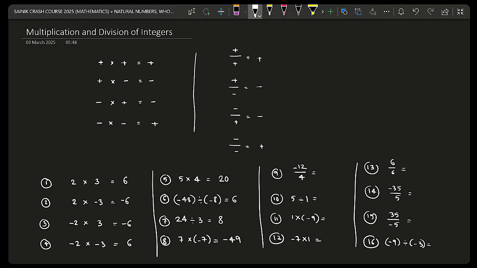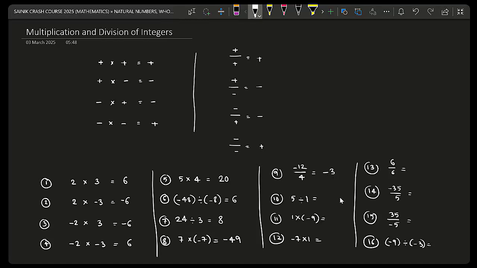Rishikesh, can you give the answer to the next questions? Yes, sir. Minus 12 divided by 4: minus by plus is equal to minus, so minus 3.